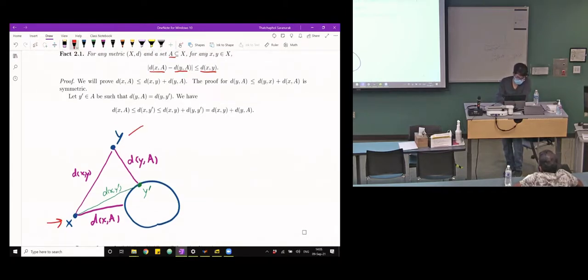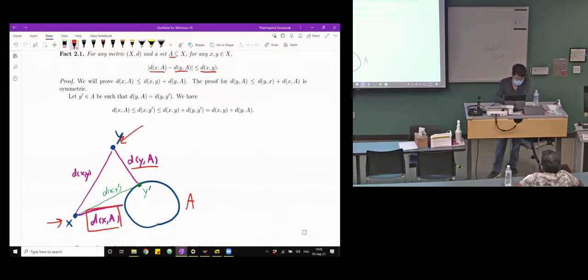You have point X here, you have point Y here, and you have a set A here. This is dxA, and this is dyA, the distance from the point to the set.